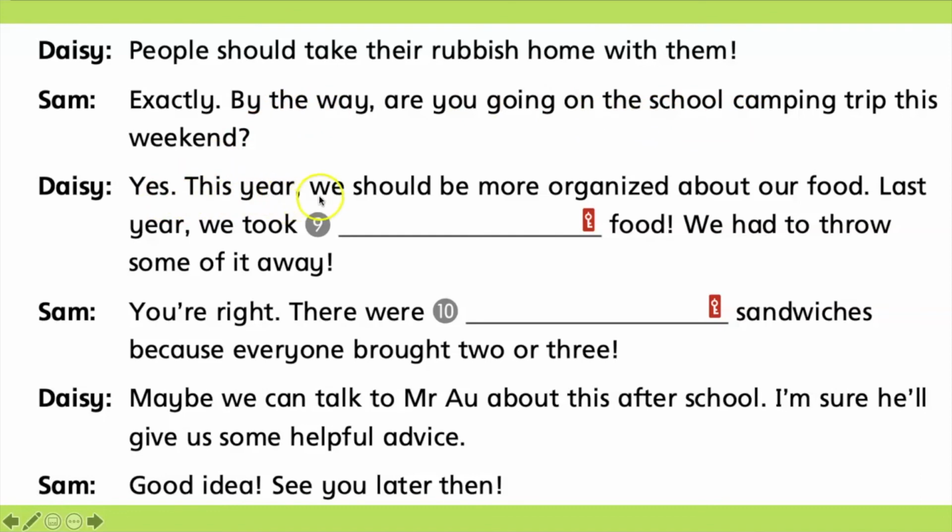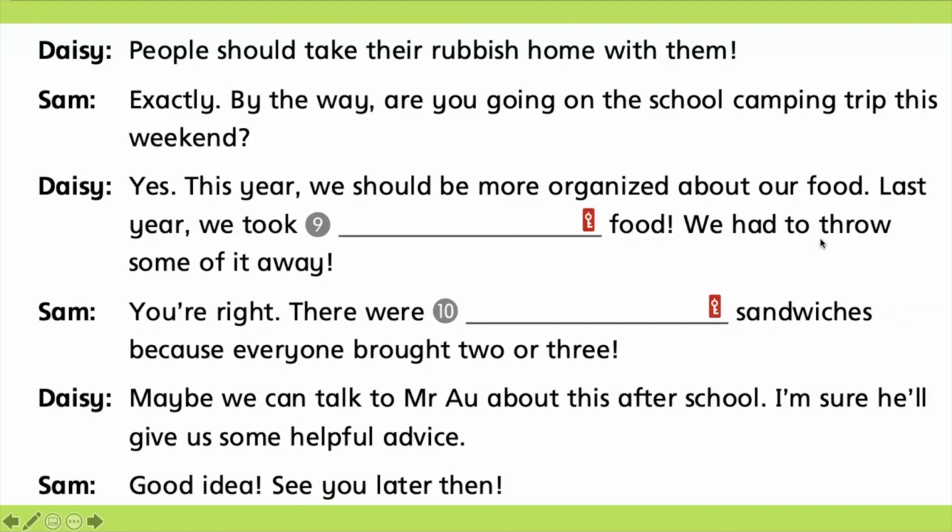Yes, this year we should be more organized about our food. Last year we took food. We had to throw some of it away. You're right. There were sandwiches because everyone brought 2 or 3. Maybe we can talk to Mr. Owl about this after school. I'm sure he'll give us some helpful advice. Good idea. See you later then.